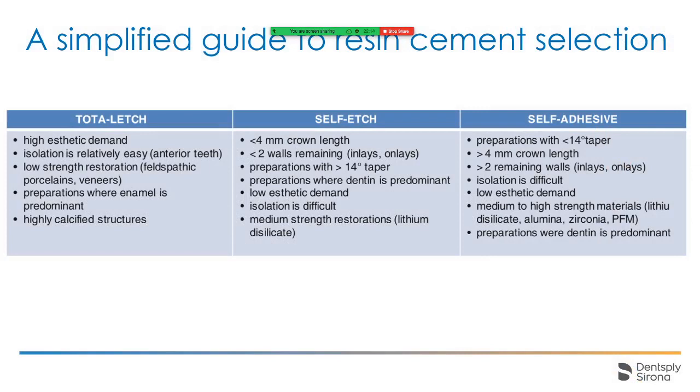We can see a simplified guide to resin cement selection. We can see the differences between total etch, self-etching, and self-adhesive properties, and the points that we are focusing on are related to retention, isolation, aesthetic demand, material strength, and bonding substrate.